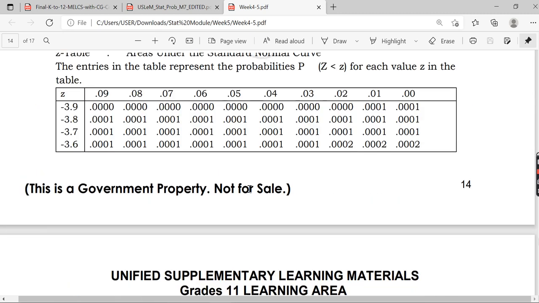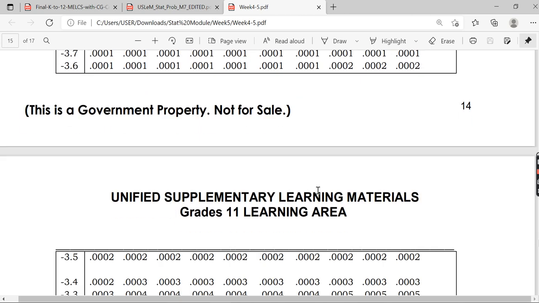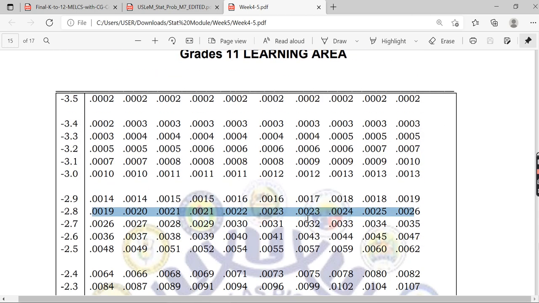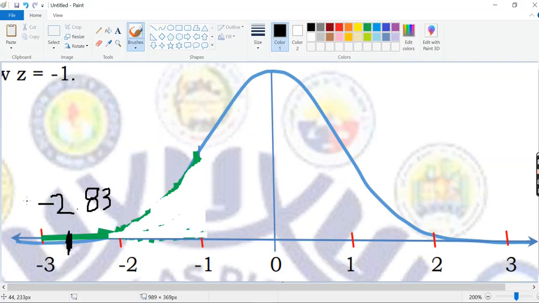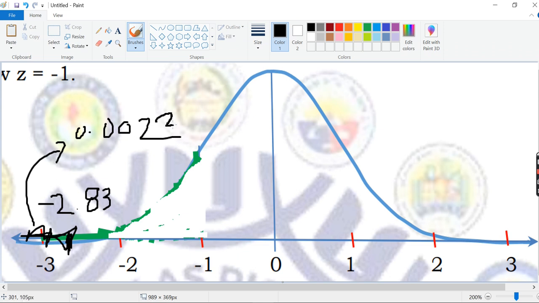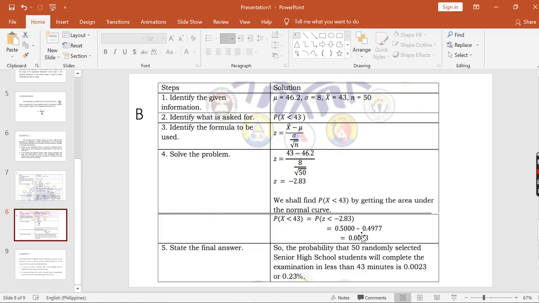Which column is 3? This column, so it's 0.0023. Meaning this area here is 0.0023. Same answer, right? The module also says that the answer is 0.0023. So the probability that 50 randomly selected senior high students will complete the exam in less than 43 minutes is very small.